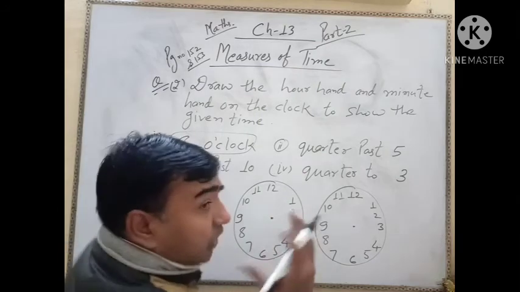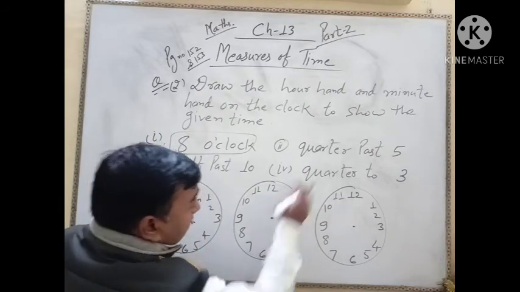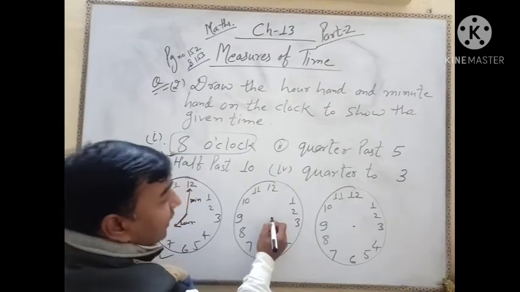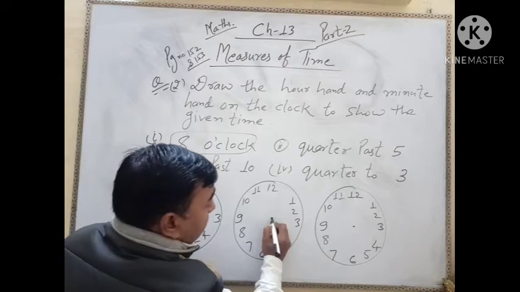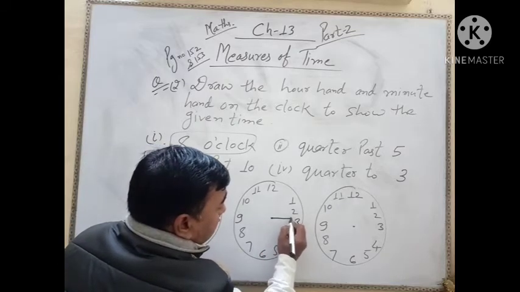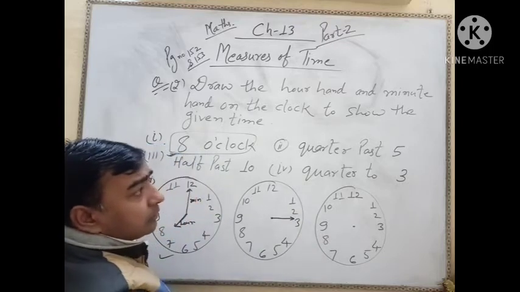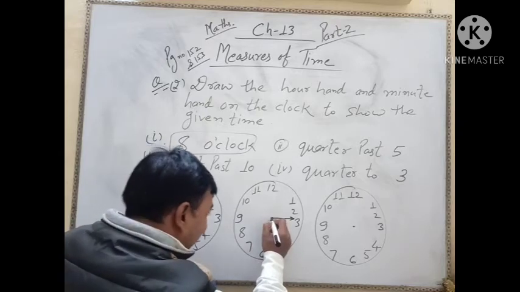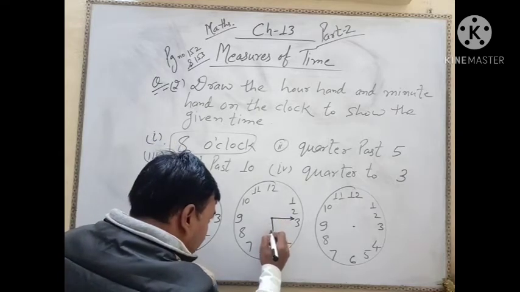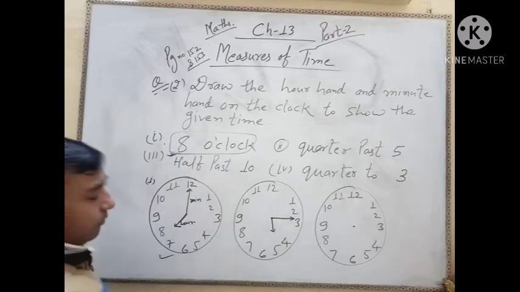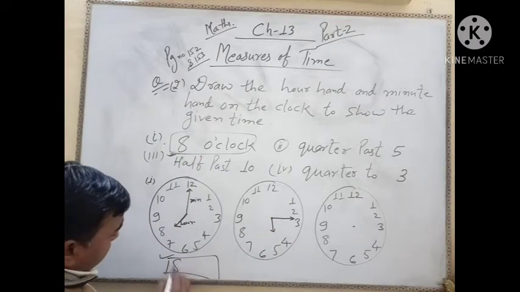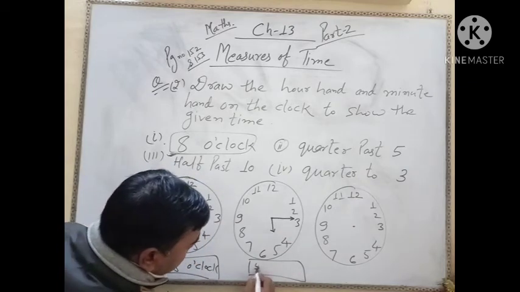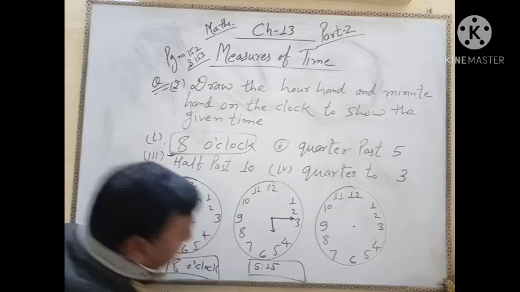Quarter means half of the half. So in question number 2, the longer hand or minute hand is on 3 and the smaller hand or hour hand is on 5. So the second is 15 minutes past 5, or 5:15.